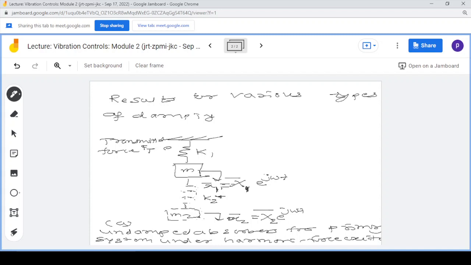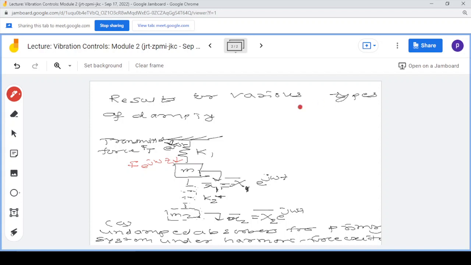So it will be ft e raised to j omega t. So this is a transmitting force acting in the downward direction from the support like this. And let us consider the force which is acting on the mass, denoted by F e raised to j omega t. So this is the component of force acting on the mass.